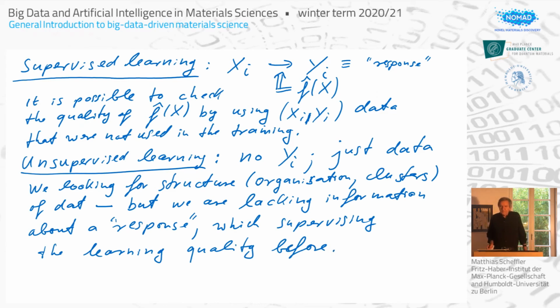That in fact means that in unsupervised learning we don't have a possibility to talk about the quality of the result. We just have data, we don't have any way of supervising or judging the quality. Now we will have a special lecture particularly on unsupervised learning, and in fact unsupervised learning is a very hot and very important research topic in material science, in machine learning in general.